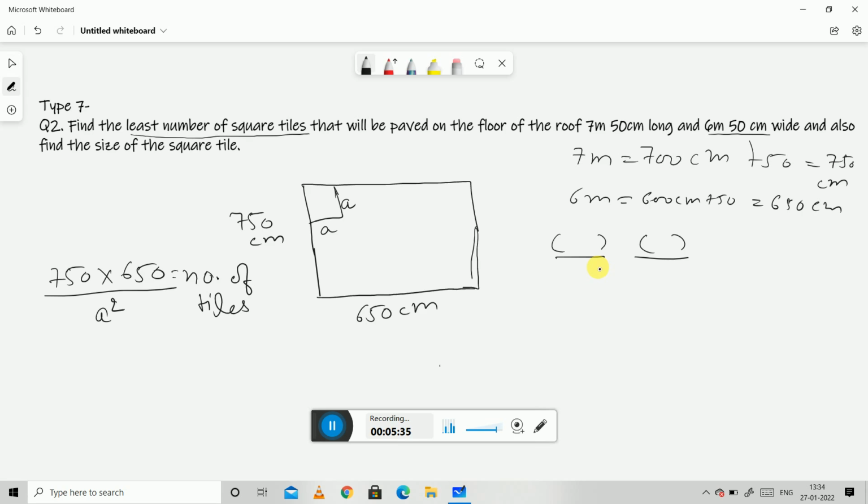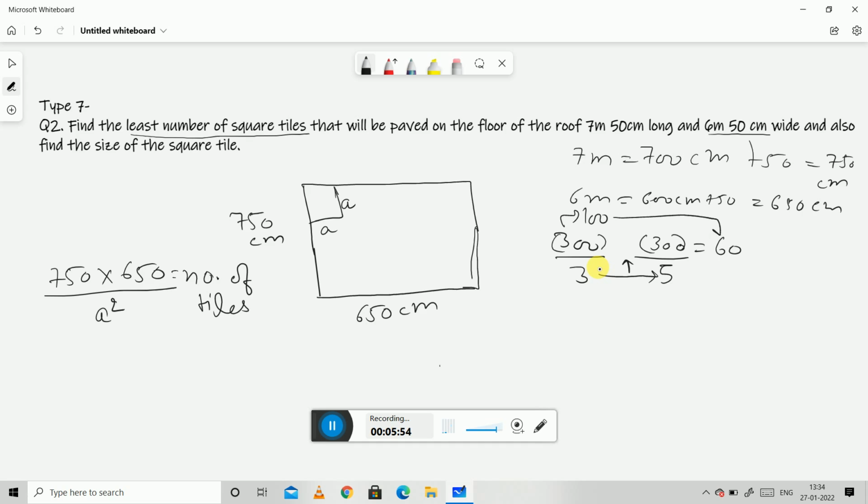For example, if I have 300 in the numerator and I divide it by 3, what will I get? 100. Now keeping the numerator the same, that is 300, if I divide it by 5, I increase the denominator, and now in the result I will get 60.